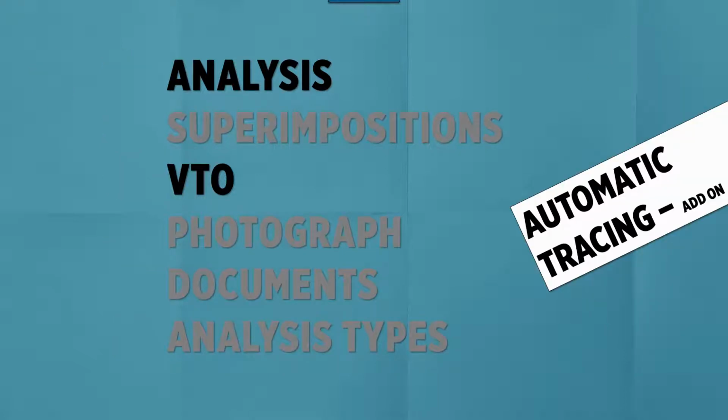We will only talk about analysis and VTO today, but I will not skip automatic tracing of hard tissue points, soft tissue points, and soft tissue profile. And I will very quickly, it will take me a few seconds, do a tracing. I will use that tool so that I don't place points and lose time.